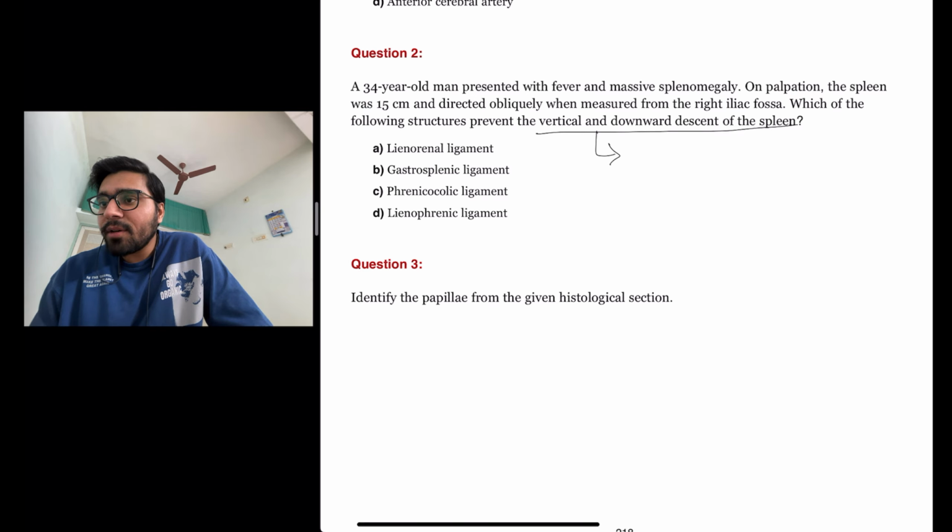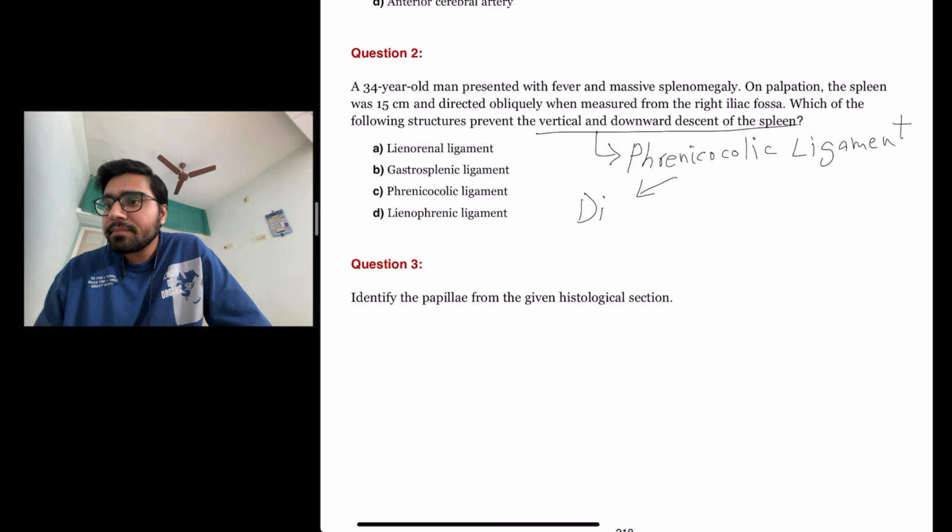It is prevented by the action of the phrenicocolic ligament, which is extended between the diaphragm to the colon.